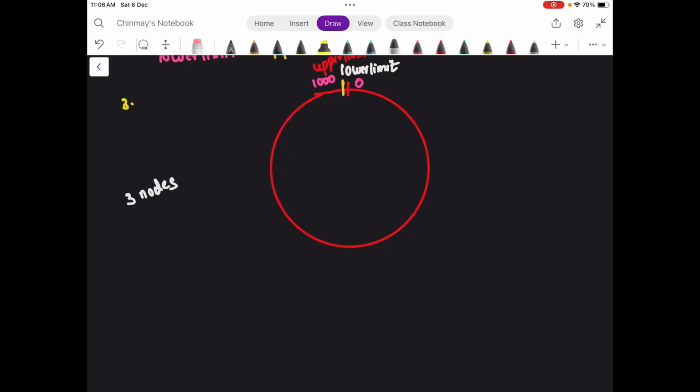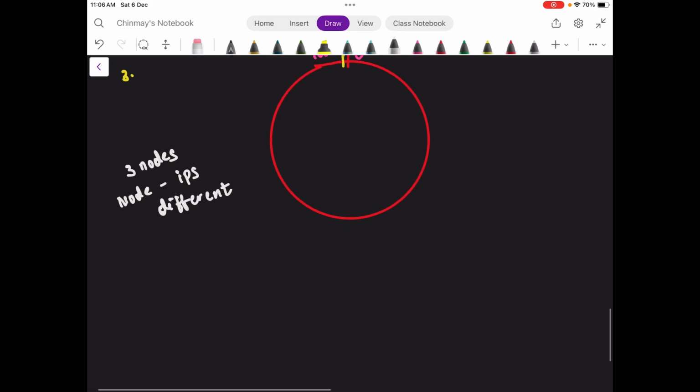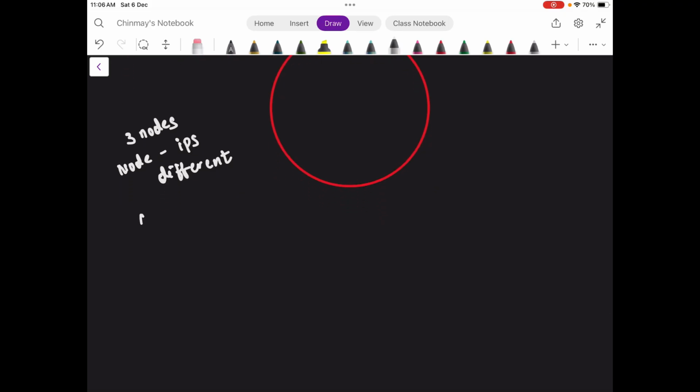Each node has a different IP address. For example, node 1 has IP1, node 2 has IP2, and node 3 has IP3.